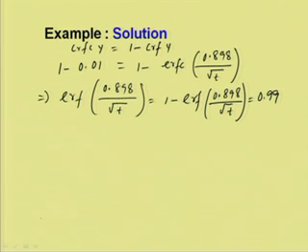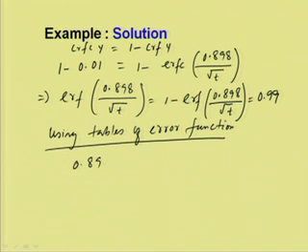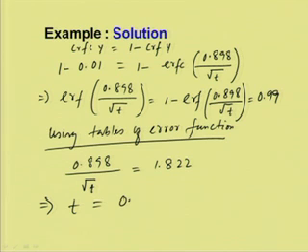So, if we use the error function table, we can obtain 0.898 divided by root over t is equal to 1.822. So, t is equal to 0.243 second.